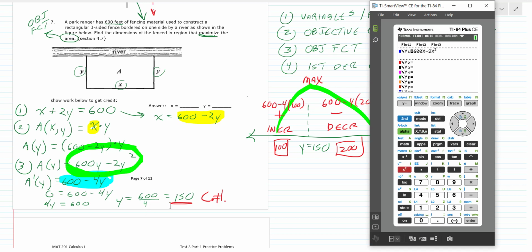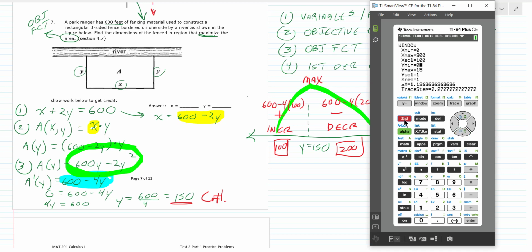We got 150 as a max, so that'll kind of help us with our window. X is a dimension, so the smallest dimension possible would be 0. Okay, but we want to go up bigger than 150. Why don't we just double it and go to 300, scale that by 100. Okay, now that leaves you with your y, and your y is representing area. So you're not going to have negative area, so start that at 0.